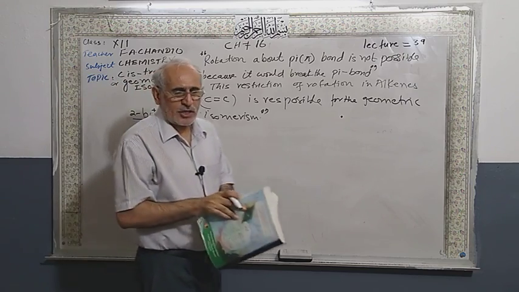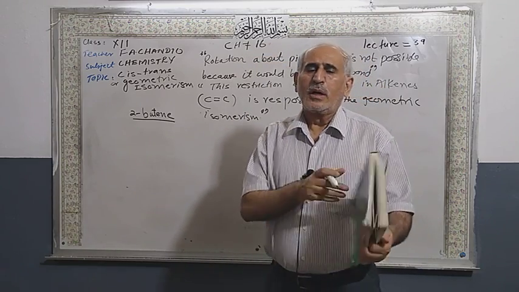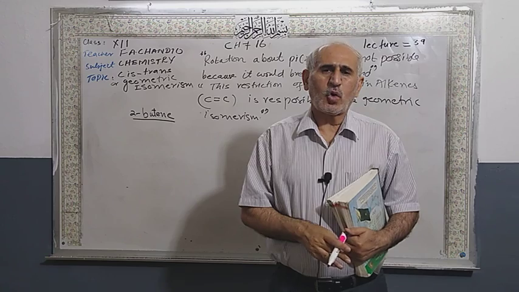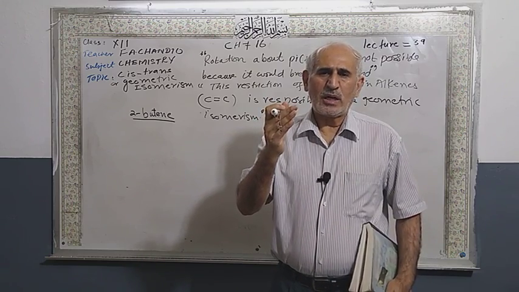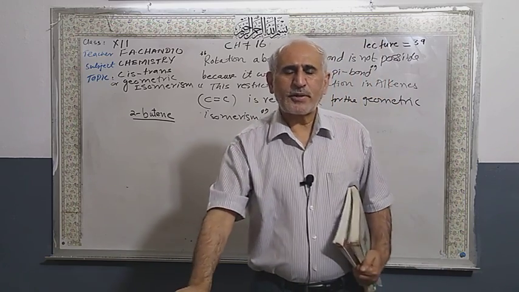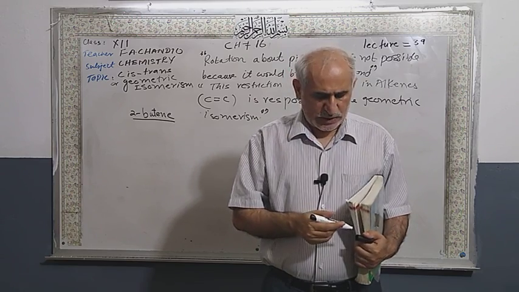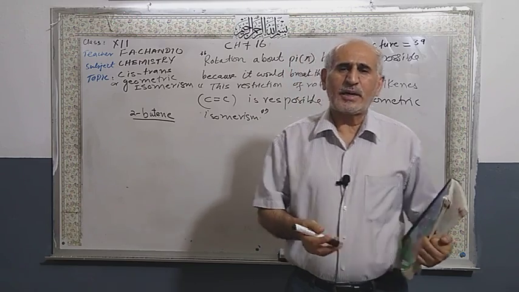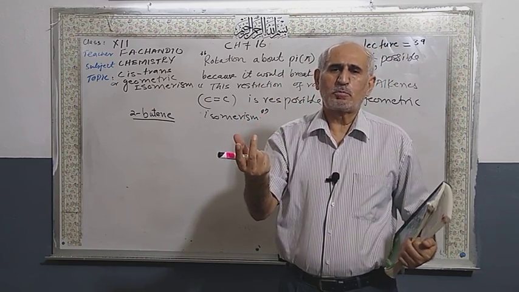According to geometrical isomerism, the organic compounds having a carbon-carbon double covalent bond, the same molecular formula, the same structural formula, but the alkyl groups attached to the carbons containing the double bond have a different position.